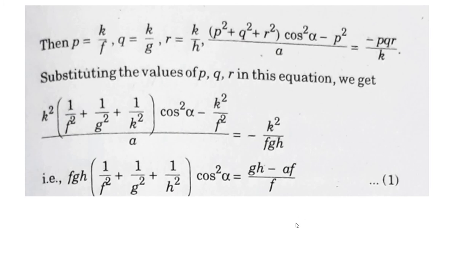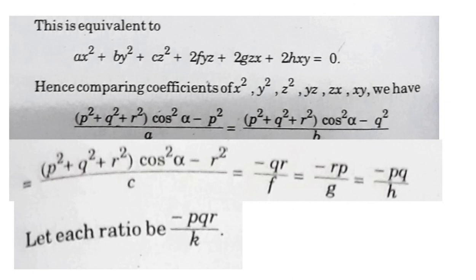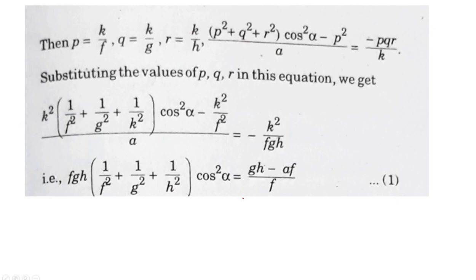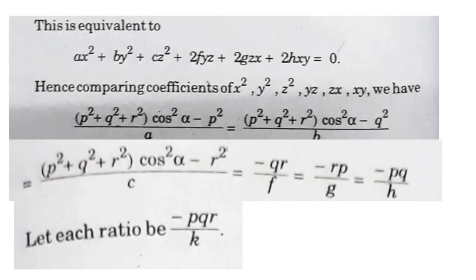So you have ஒவ்வொரு ratio இப்படி பண்ணும்பொழுது p is equal to k by f. P is equal to k by f இந்த இடத்துல இருந்து, see if we consider each one is equated to minus pqr by k. So when you consider this and this, your qr can be cancelled.